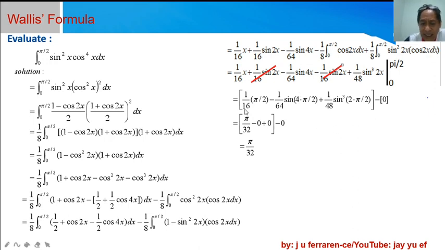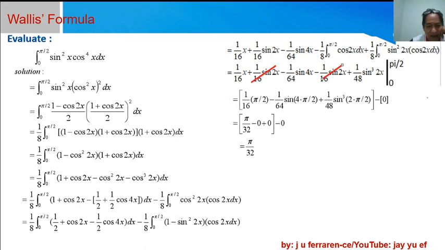So these are the only terms which will produce the function value. But 2 times pi over 2, or simply pi, the sine of which is also 0. The sine of 2 pi is also 0. Correct? So the value will come out as pi over 32, and pi over 32 is our answer.